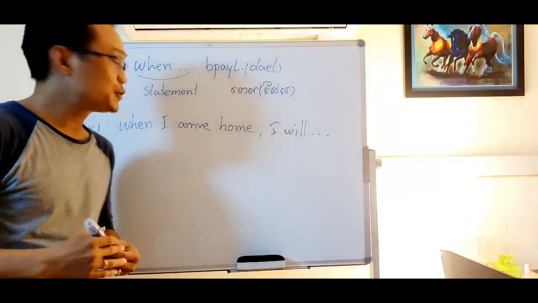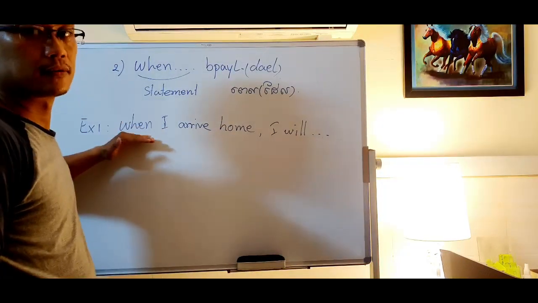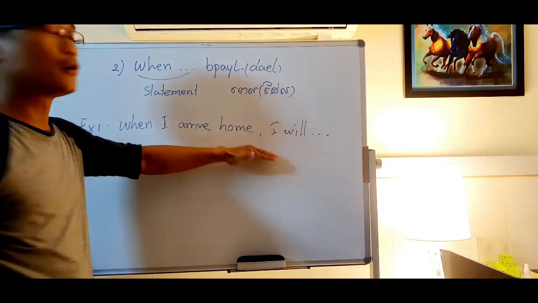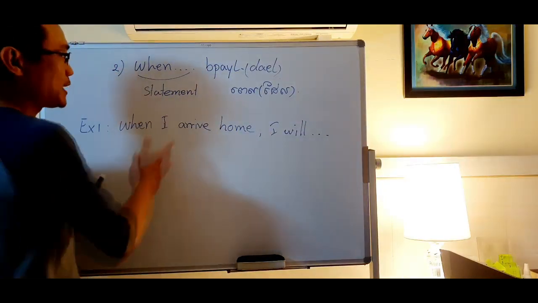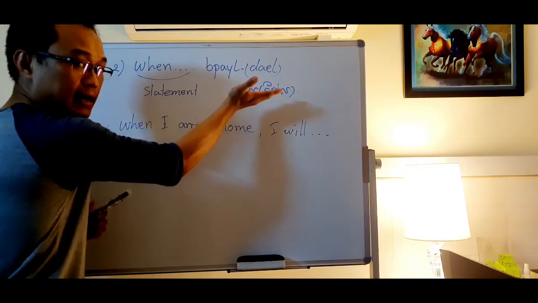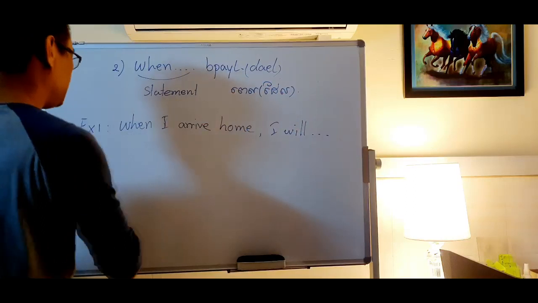So you see, it's different from a question. This is a statement. We use when in a statement, right? Okay, good. So, how do you translate this sentence? We say, pel đài.